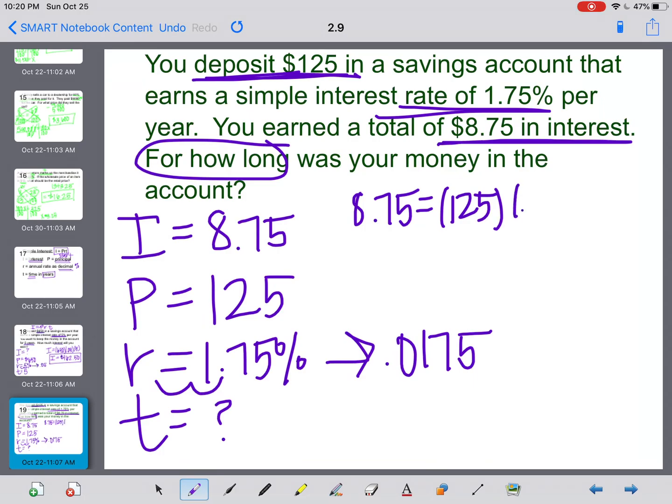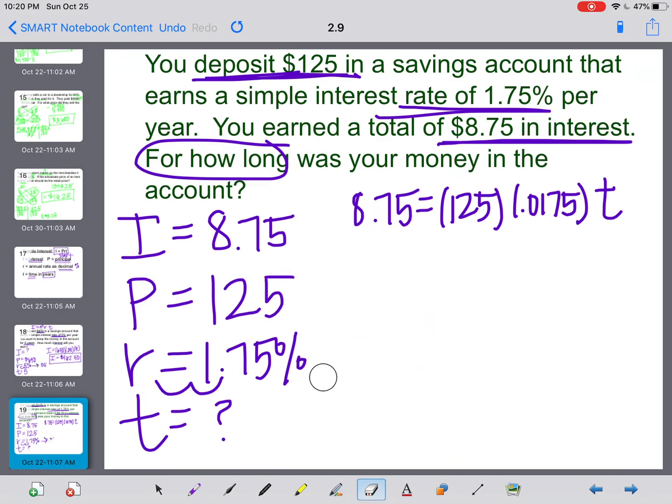Okay, so we're going to plug that into our equation. So I equals P times R times T. Okay, and then I'm going to erase this a little bit so that we have some more room to work with.